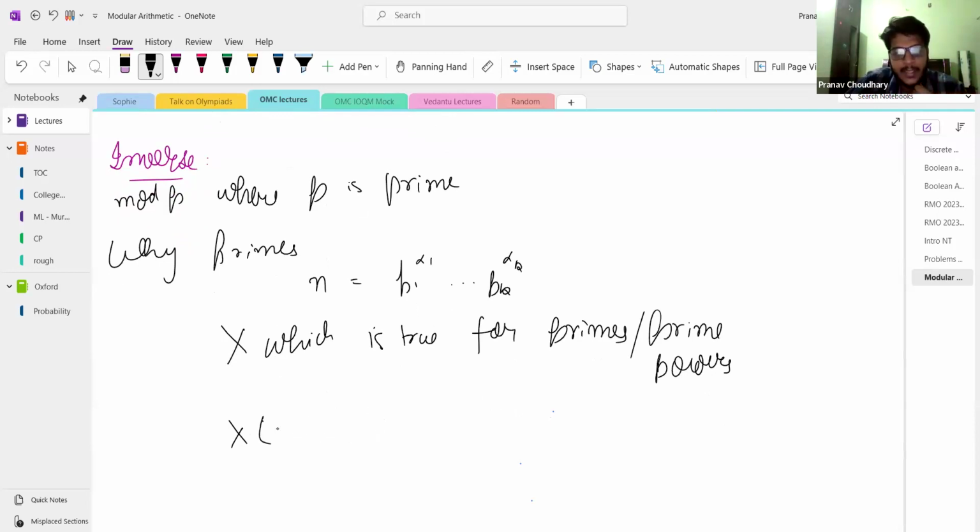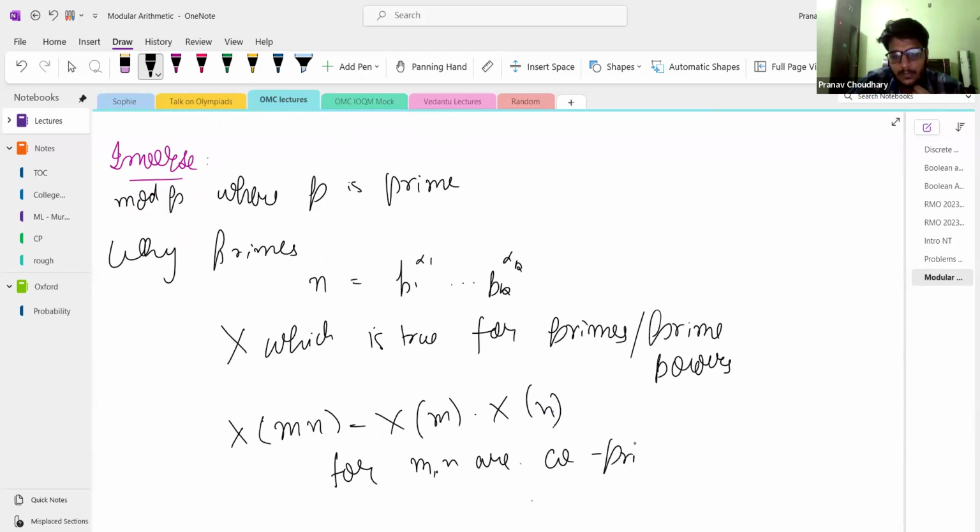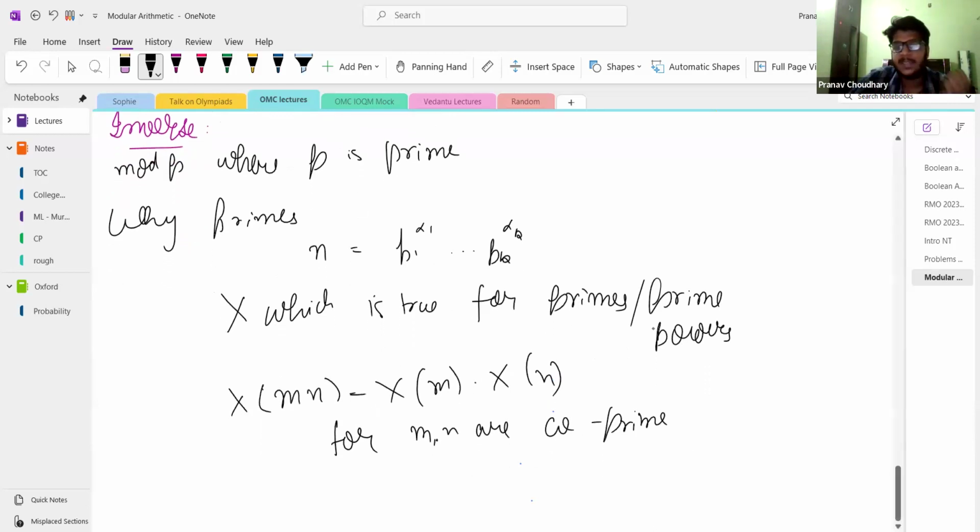If I can prove X(mn) equals X(m) times X(n), where m and n are coprime, then from prime powers, I can prove this X for all n.